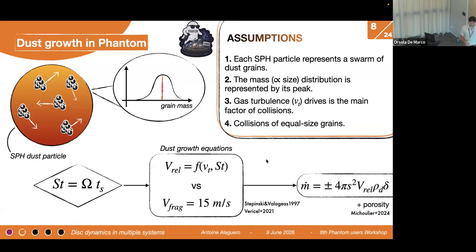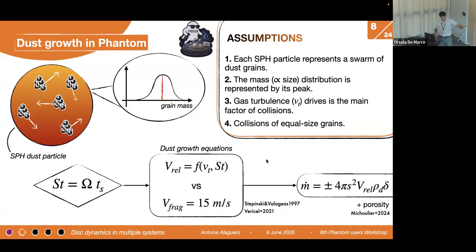In the opposite case, your grains will stick to one another and they will grow. And we have the mass distribution rate following these collisions. You can see it depends on the relative velocity and on the local dust density, which tells you about the number of collisions happening. And we have that formula only if we assume collisions of equal size grains.